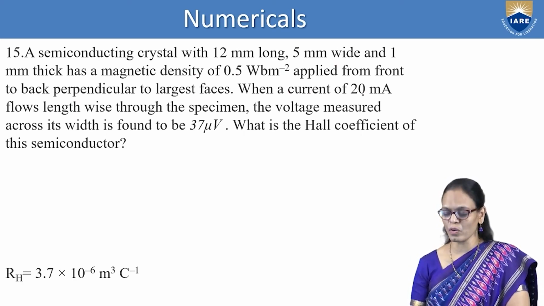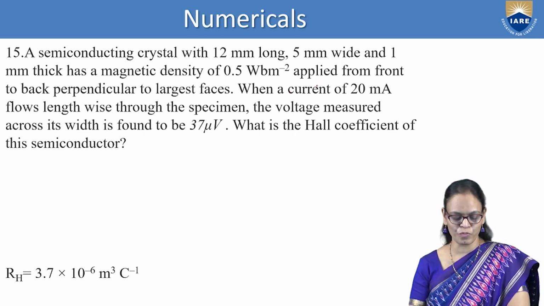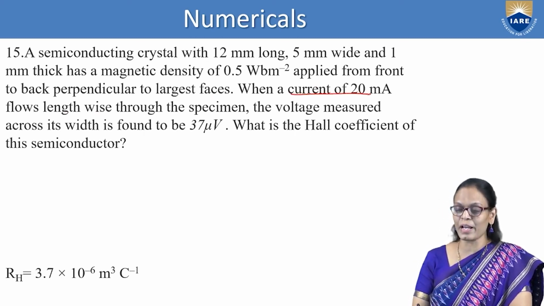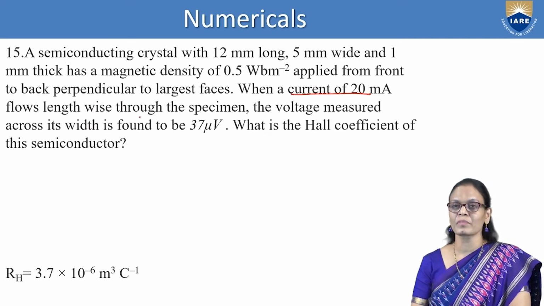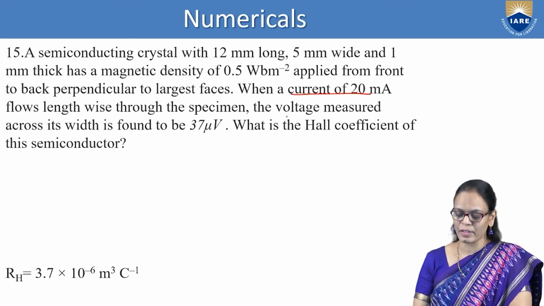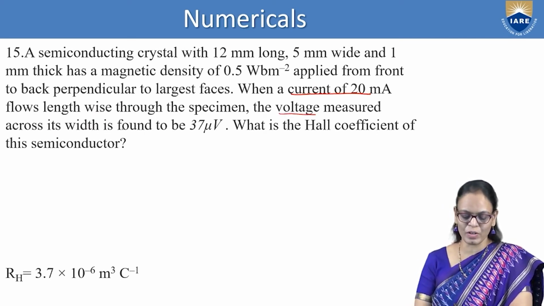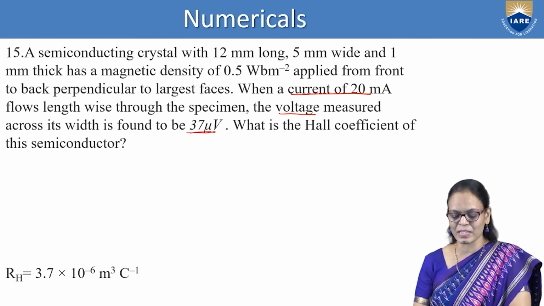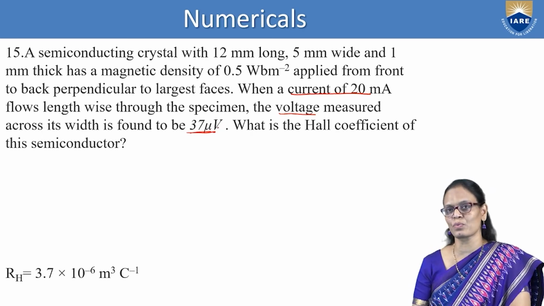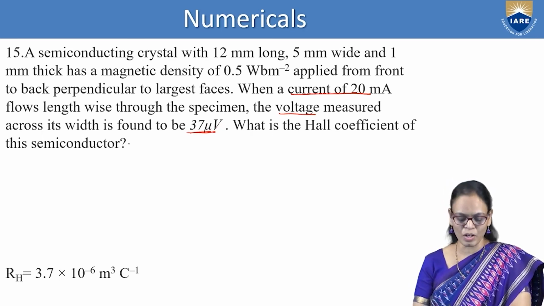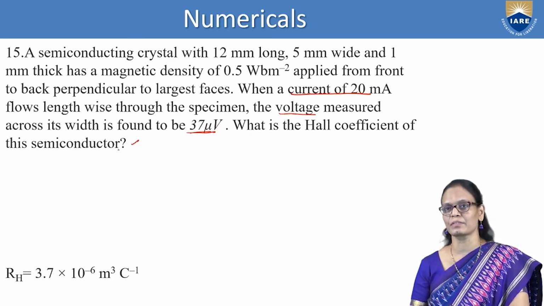Now when a current of 20 milliampere flows lengthwise, along the length, the voltage measured across its width is 37 microvolt. So what is the Hall coefficient of this semiconductor?